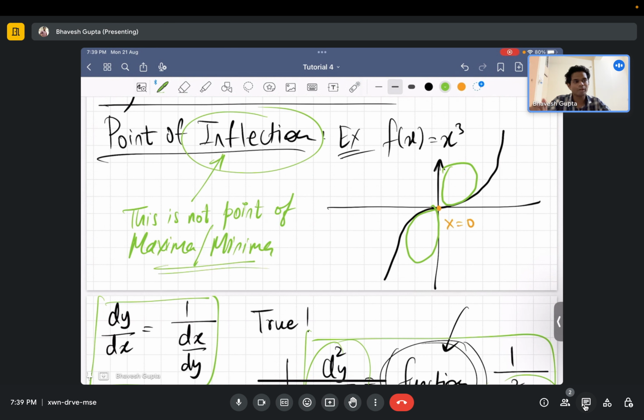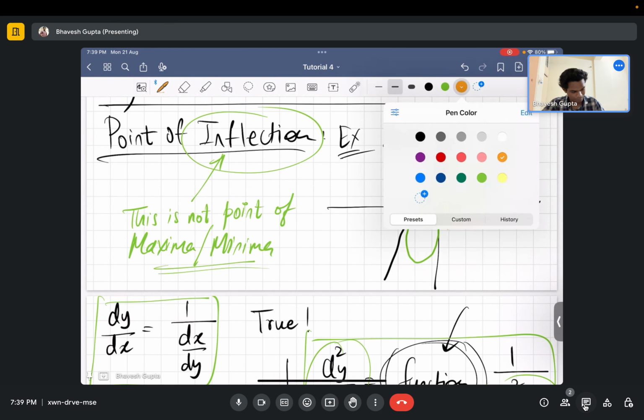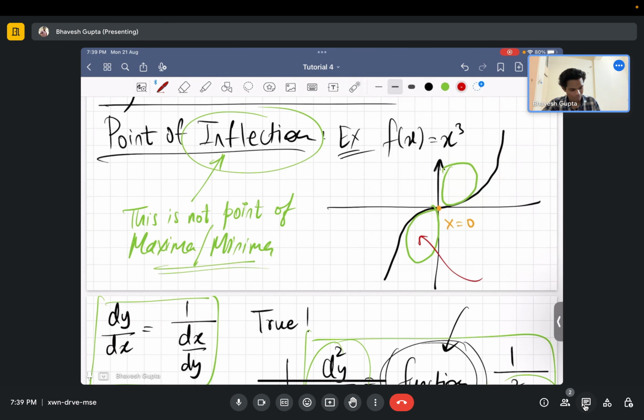That's what the point of inflection is, because if over here you see very carefully, the concavity of this particular part turns out to be concave down, and over here you have concave up. So you can see at that particular inflection point, the concavity of the function changes.